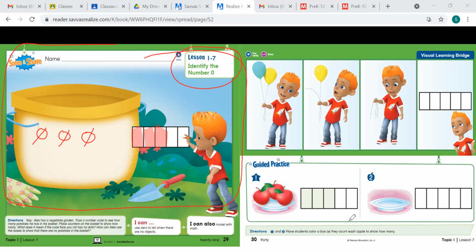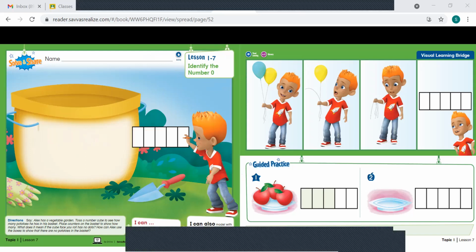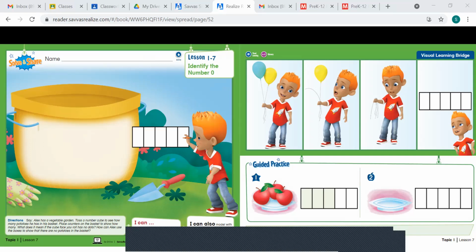Okay, so now what we're going to do is we are going to see how many potatoes are in his basket again. He is showing no potatoes. There are no counters on his basket. Why did he leave the basket empty? Why didn't he color any boxes? Remember, 1 counter for each potato.